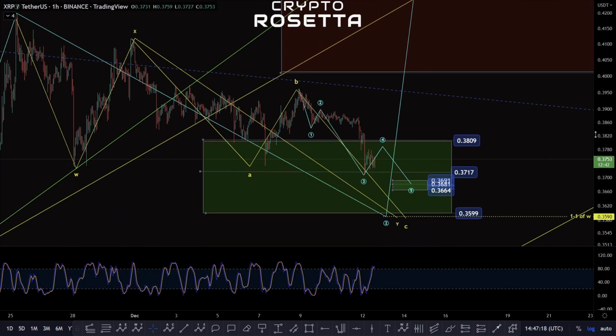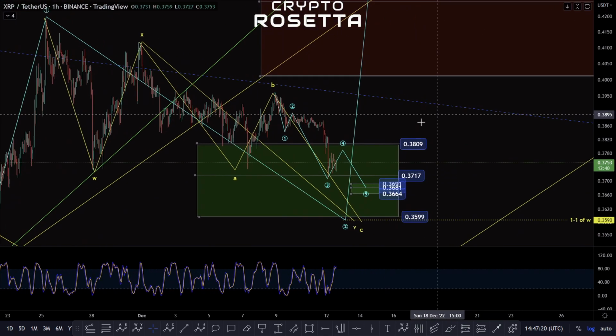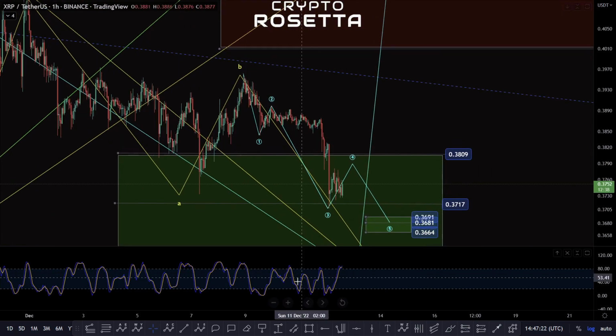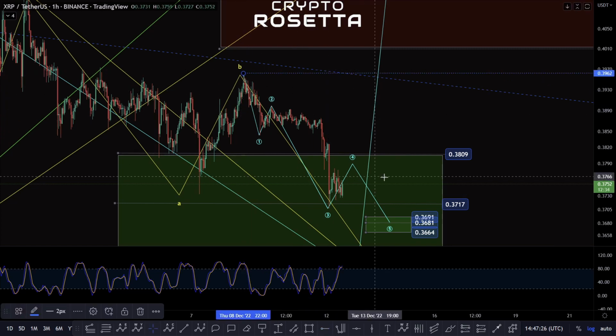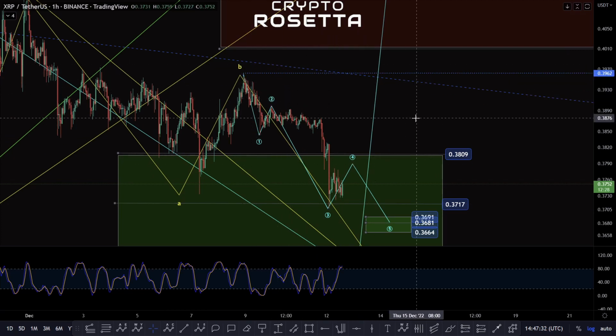Basically, with this move, we need to be careful because for as long as we don't break above this area here of 39.62, and as long as we don't break above this line here, we could always get an extension.